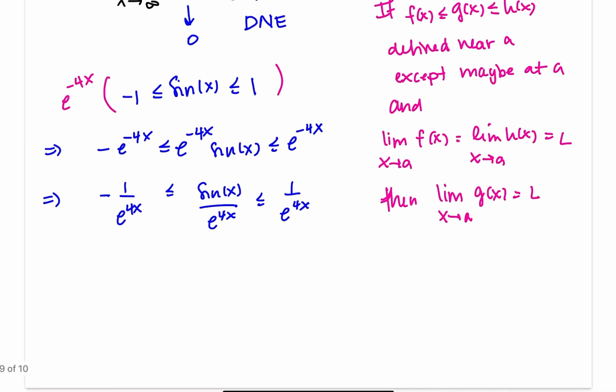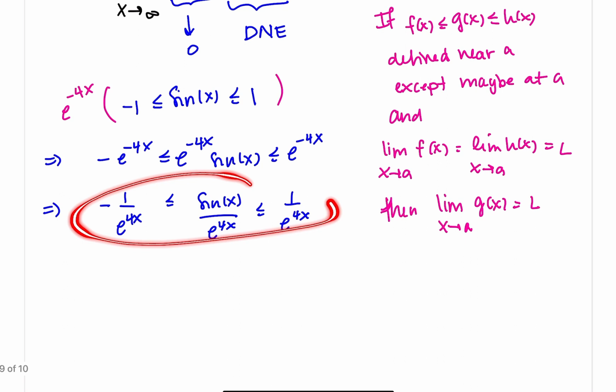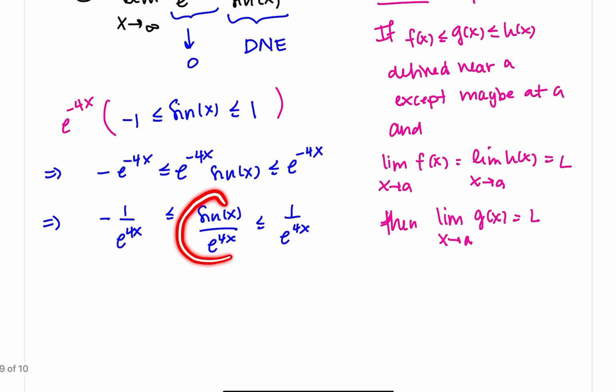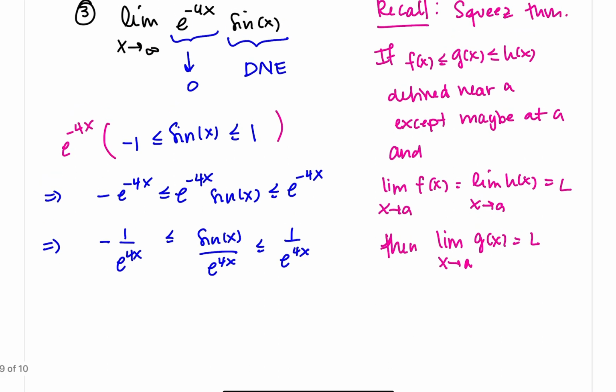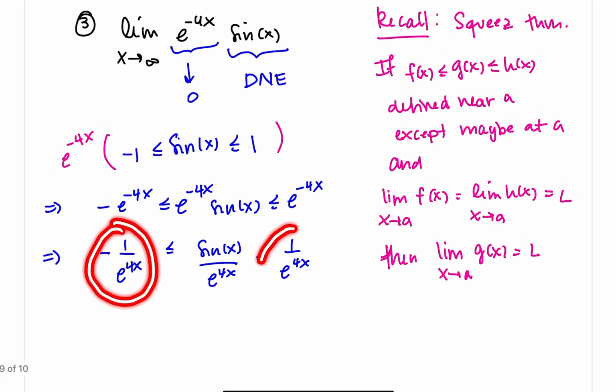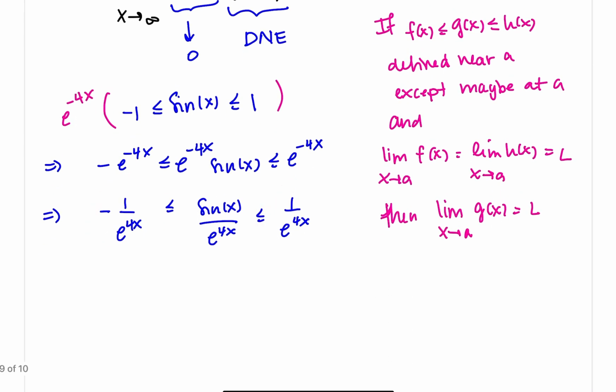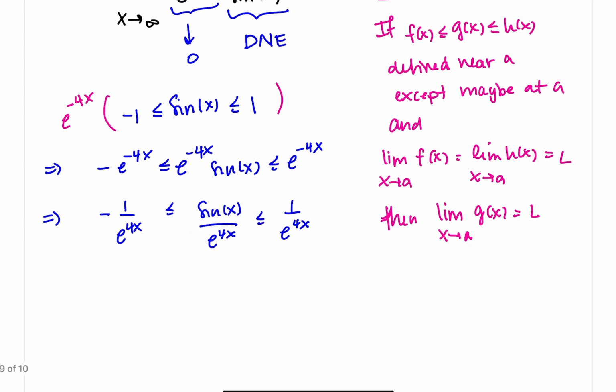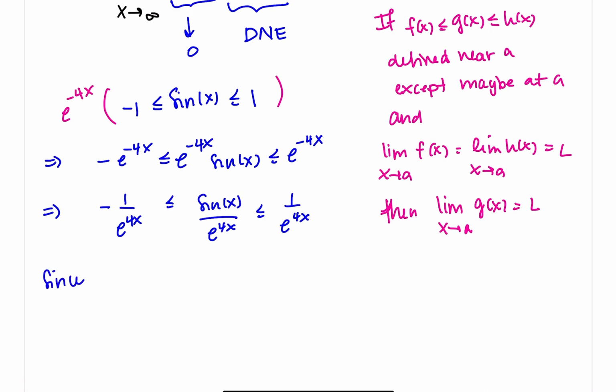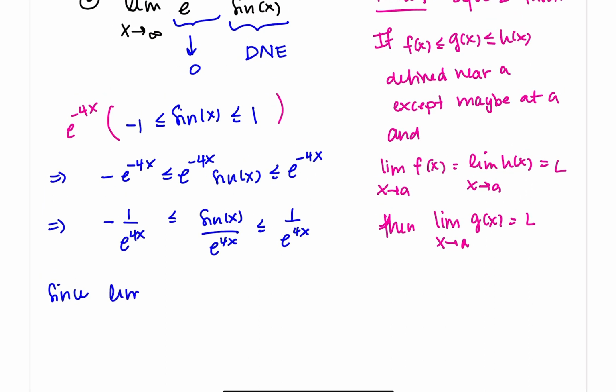Because now I have the first condition. Now I have that my function is in between two functions. I'm going to compute the limit as x goes to infinity of the two other functions. And then if I get the same value, then the limit of our function is the same. So I have it like that. I'm going to say since the limit as x goes to infinity of negative 1 over e to the 4x, think about it, this goes to infinity.